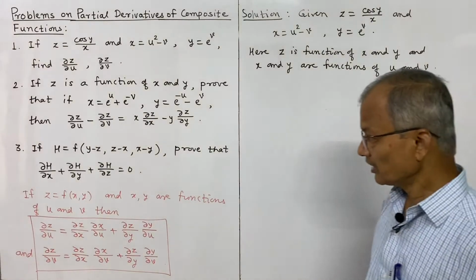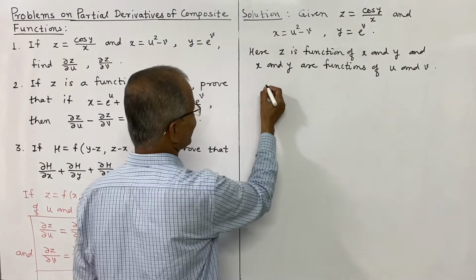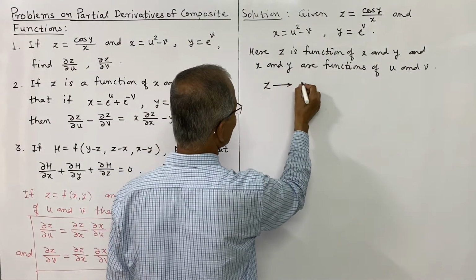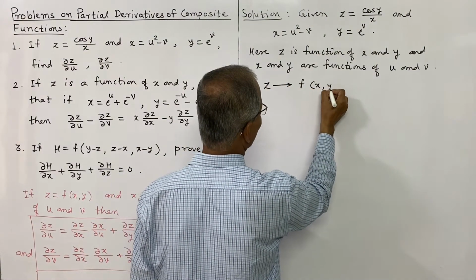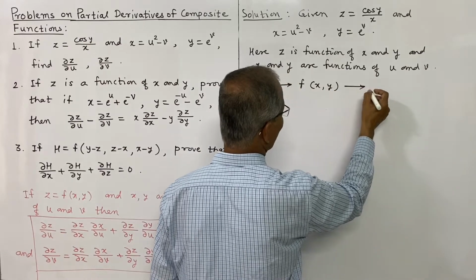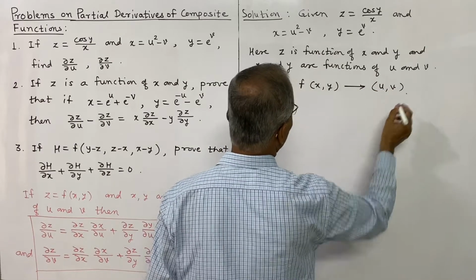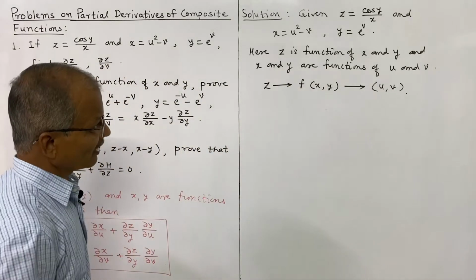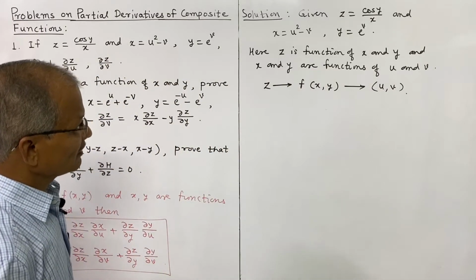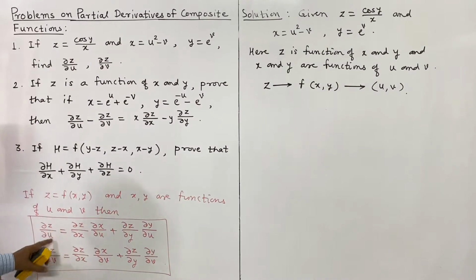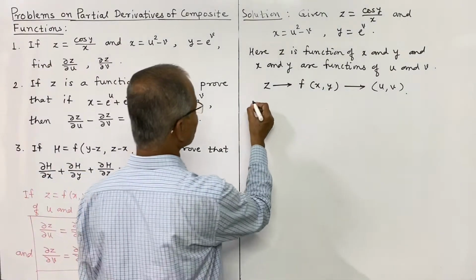So that means it may be expressed like this, z is a function of x and y, and x and y are some functions of u and v, and therefore we shall use the chain rule.